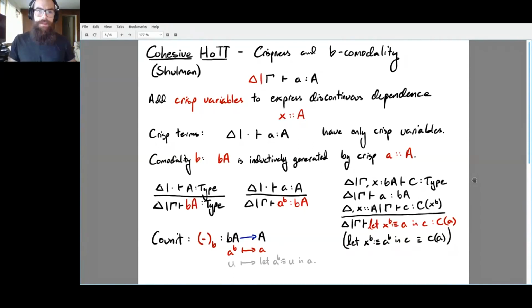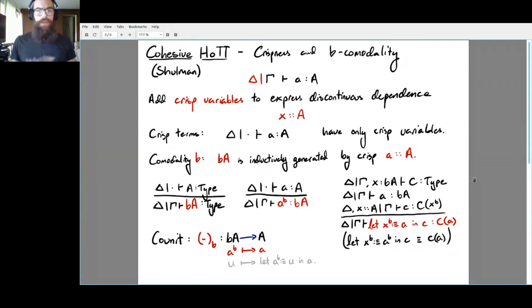So what Mike does is add these crisp variables, and these are free variables that express that the terms which depend on them will depend in a discontinuous manner. To emphasize, we use a double colon to mean a crisp variable. So this is adding another part to the context.